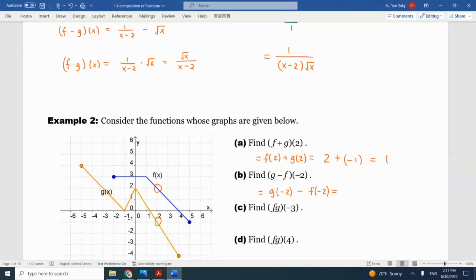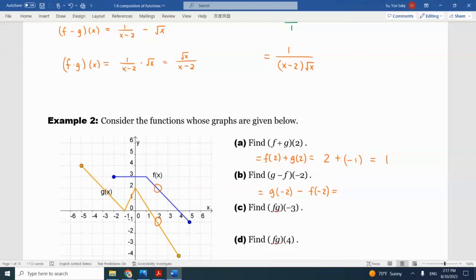Right, everybody? So, Catherine. Okay, so what is G of negative 2? 1. Yes, here, 1.